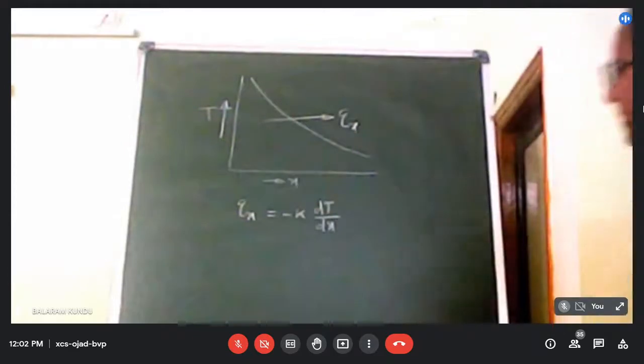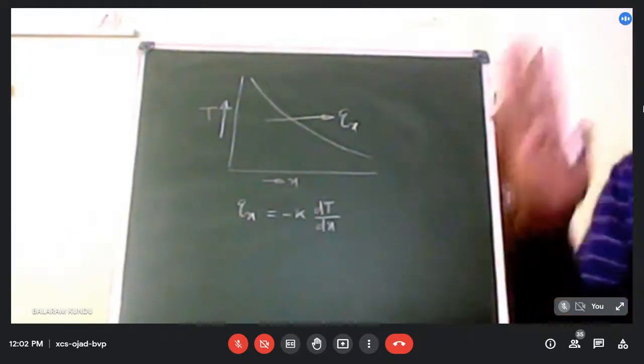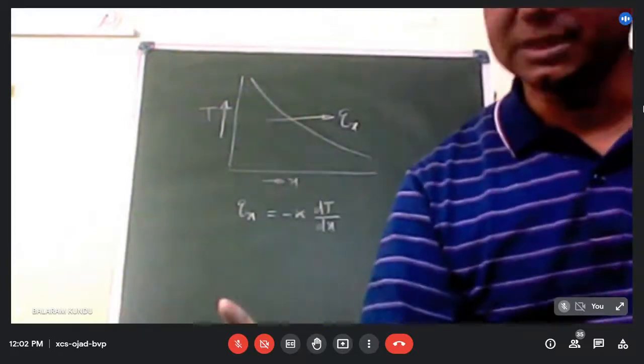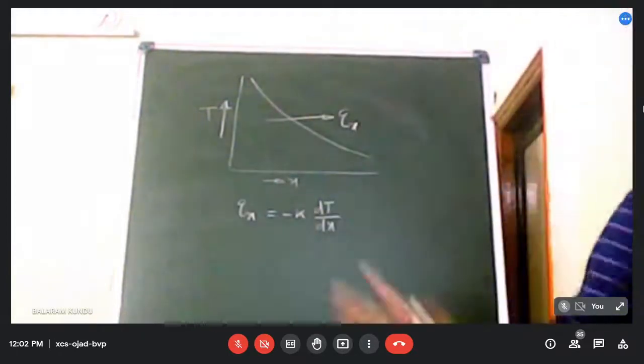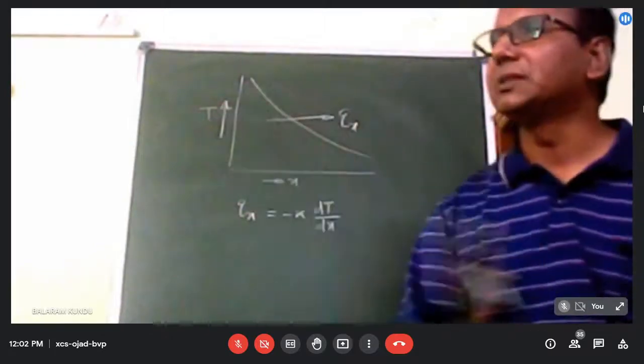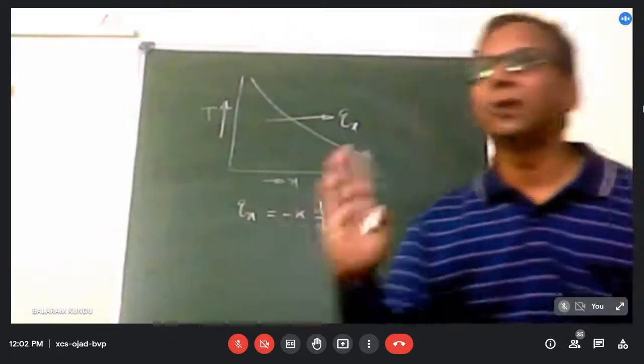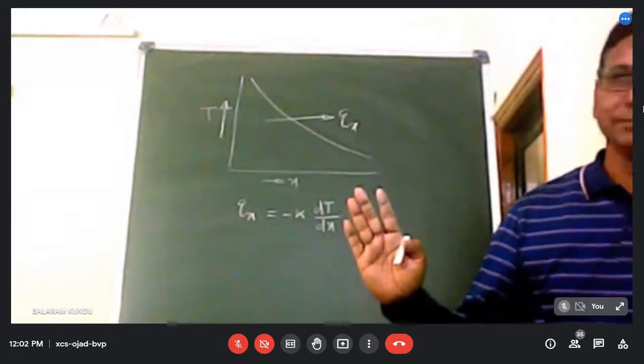So this expression is true when T is only function of x. So what possibilities are there? So this is your temperature. If we consider Cartesian coordinate system, temperature may be function of x, y, z and time.